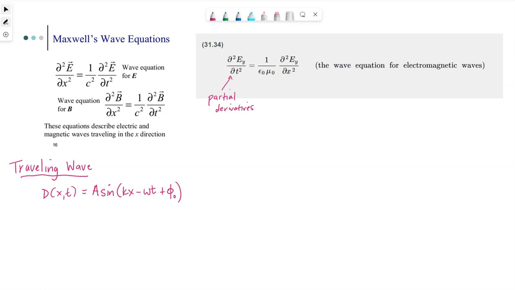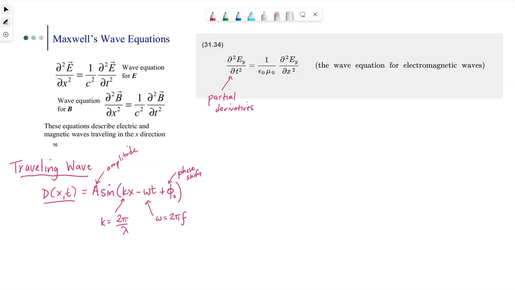So traveling wave, the way that I've written this equation implies the wave is traveling along the x-axis. If you recall, k was a wave number, which was 2 pi over wavelength. Omega is angular frequency, 2 pi times frequency. Phi naught is a phase shift, just to satisfy the initial conditions. A is the amplitude, which meant the maximum displacement, because this function was describing the displacement of the medium.